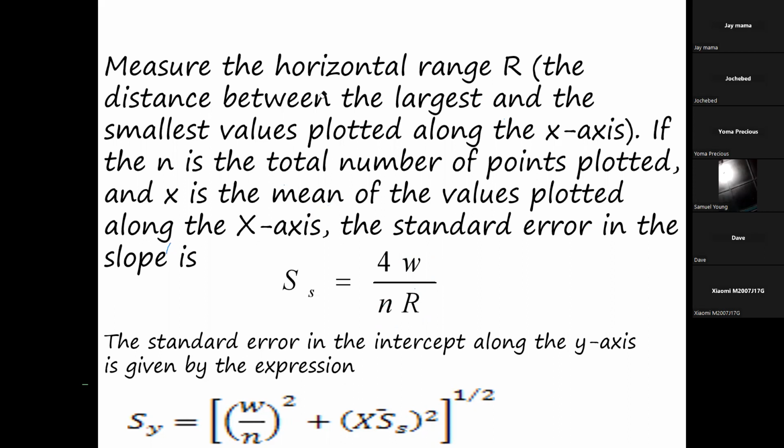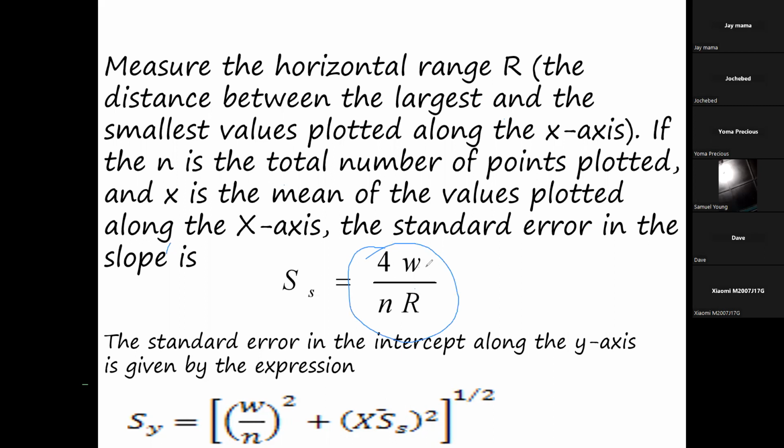Now, in your graph, I will show you an example of a graph. This is an example of your graph. The standard error in slope, or error in slope, this is the formula: 4W divided by NR. That's the formula we use in calculating our standard error in slope.